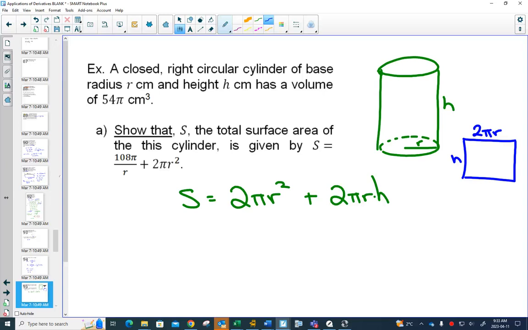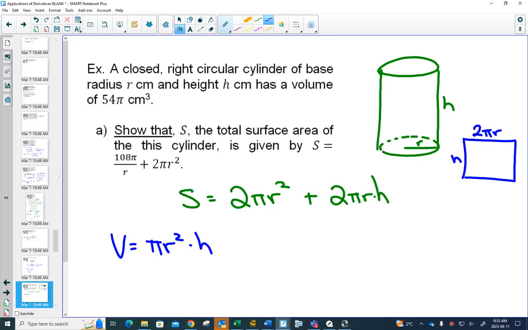And the key to this will be the fact that I know my volume formula for a cylinder, okay, and I really like this formula as well. I like it because I hope you see that it's just a circle times a height. And if you think about volume as filling something up, I think it's really easy to see how this formula works.